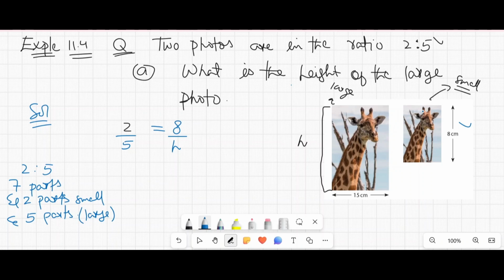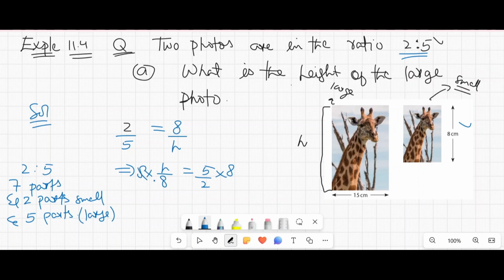Because the height ratio and the width ratio are the same, for those two photos in the ratio of 2:5, we will take the reciprocal. So h divided by 8 is 5/2, and you will multiply with 8 on both sides.